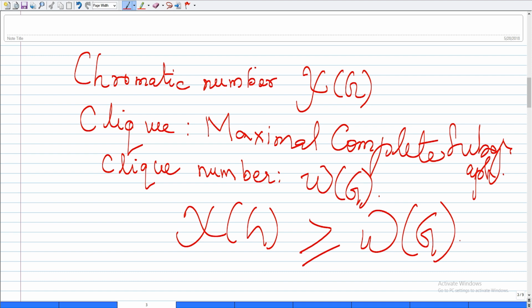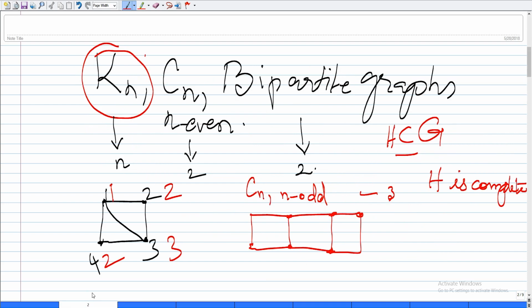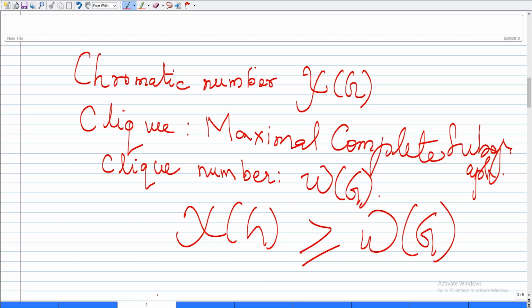So can we color with exactly that many colors? Is it also equal? Already we have seen some examples, right? See the n odd case. You cannot do it with 2 colors, but you need 1 more color. So can I say that chi of G will be less than or equal to omega plus 1 at least? Either omega or omega plus 1, can I say that?